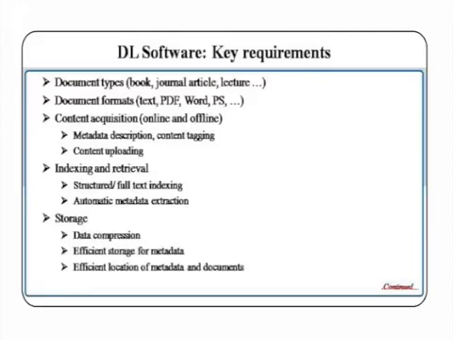And after acquisition, this acquisition can be done online, where the user directly submits the content in digital form, or offline content. We start creating scanned copies, and later it is converted with the metadata description, content tagging, and finally uploading this content into a digital library.